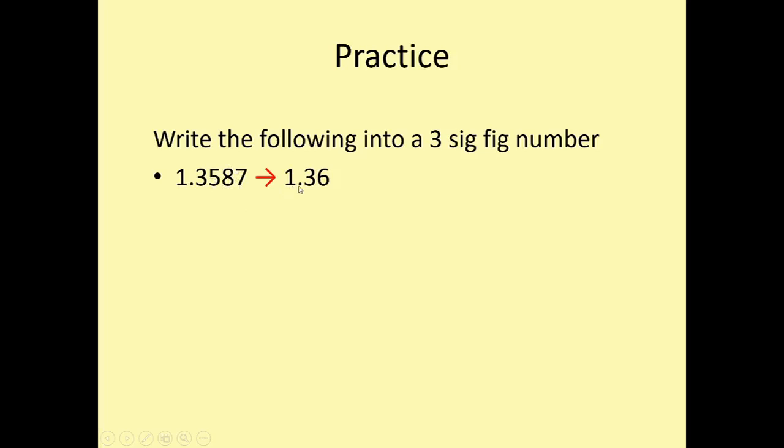So the answer is 1.36, which has 3 significant figures. The next question is 0.0027421. Here the first dropped number is 2, which is less than 5. So the answer is 0.00274, which has 3 significant figures.